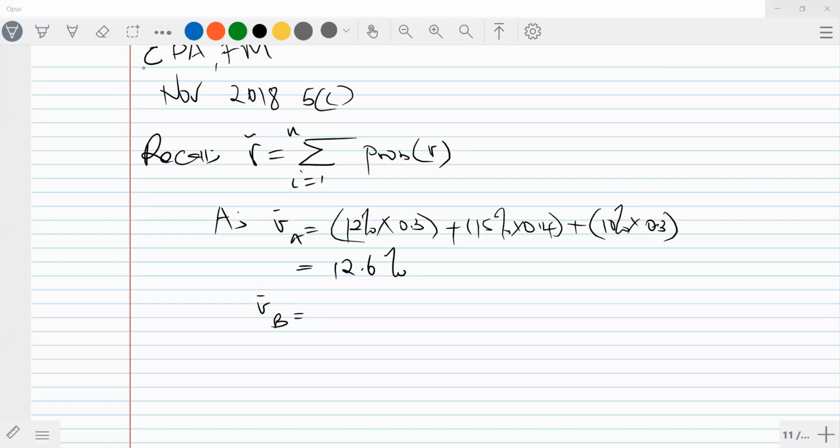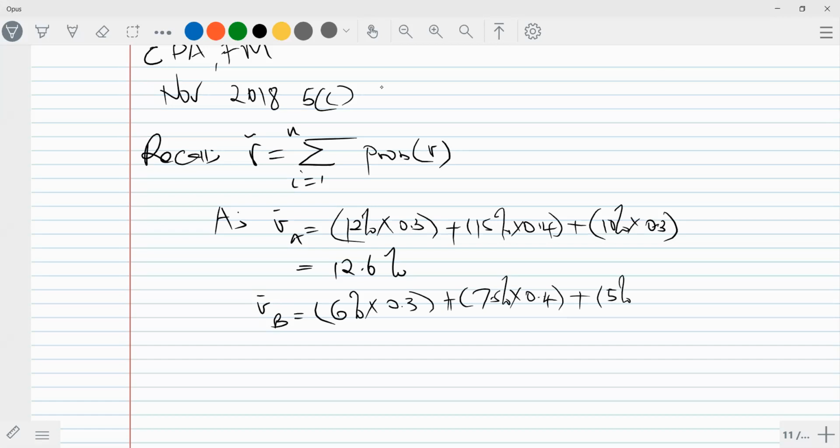The same process you apply to determine the expected return for B. For B, you can get 6%, the chance is 0.3. You can also get 7.5%, chance equal to 0.4. You can also get 5%, the chance being 0.3.